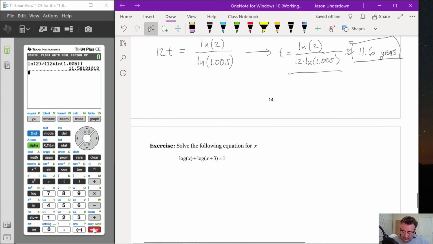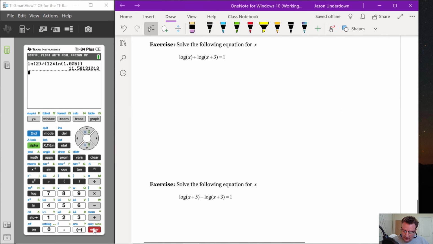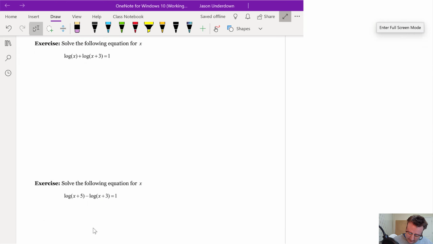So, let's move on. Solve the following equation for x. Log of x plus log of x plus 3 equals 1. So we want to gather those logarithms. Let's use the sum property of the logarithm to rewrite the left-hand side. Let's see, we don't need the calculator anymore for this.